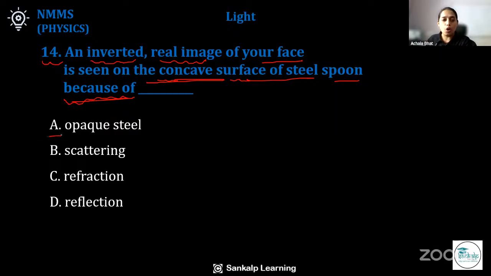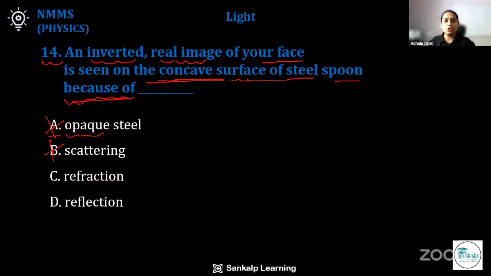Option A is opaque steel. What is meant by opaque? Which is not transparent. It is opaque. A is wrong. B, scattering. Scattering means deflection of light when it strikes some particles or molecules. That is called scattering. C, refraction.